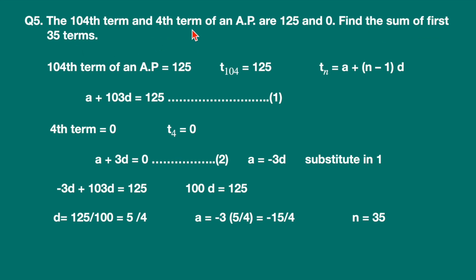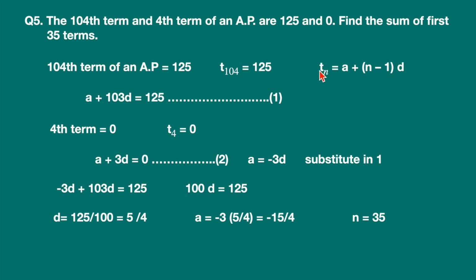So what have they given? 104th term. That means T104 is equal to 125. And this is the general formula of the nth term of an arithmetic progression. So here let us substitute n is equal to 104. 125 is equal to A, we do not know, D also we do not know.